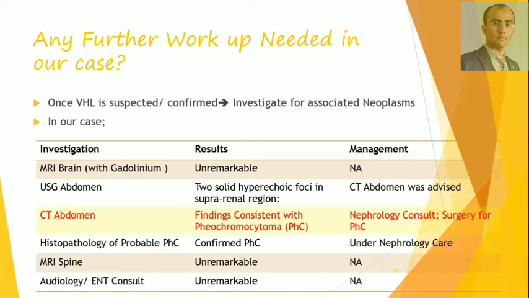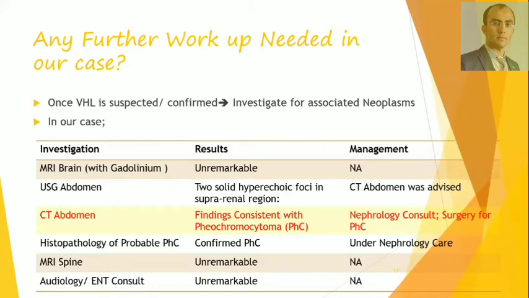We went for a gadolinium enhanced MRI of the brain and spine, which was unremarkable. Then we went for ultrasonography of the abdomen, which raised our suspicion for pheochromocytoma. There were 2 solid hyperechoic foci in the suprarenal region.